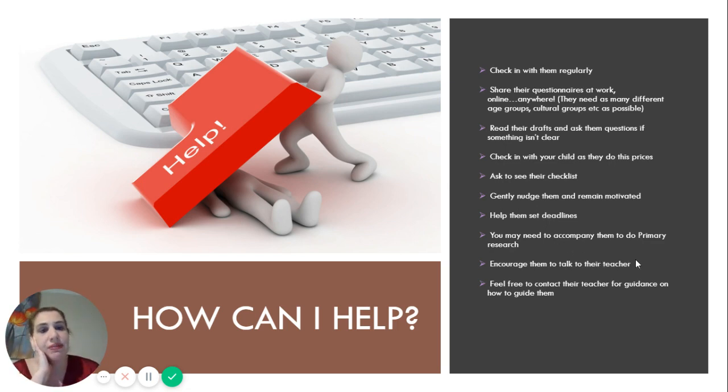Gently nudge them to remain motivated. That can be hard. If you haven't seen any evidence of PIP work for a while, just say, hey, how are you going with that? Can I have a little look? And maybe a conversation like that will get them to go, oh, I've got to go see Miss, or they may have a chat with you and it spurs the next idea on. Help them to set some deadlines.